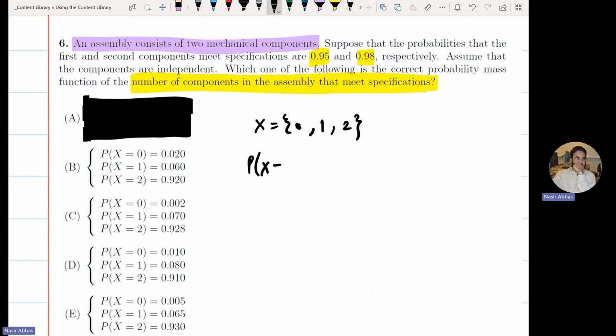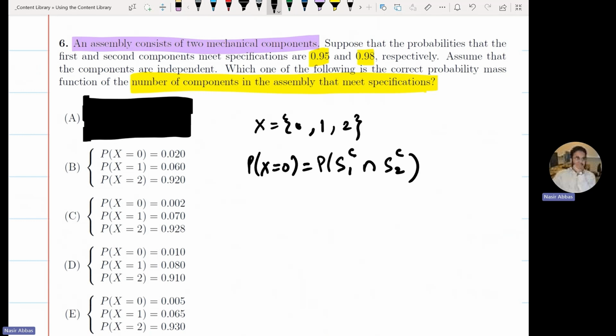What is the probability that none of them meets the specification? The first one does not meet the specification and the second one does not meet the specification. That is the probability of S1 complement intersection S2 complement.